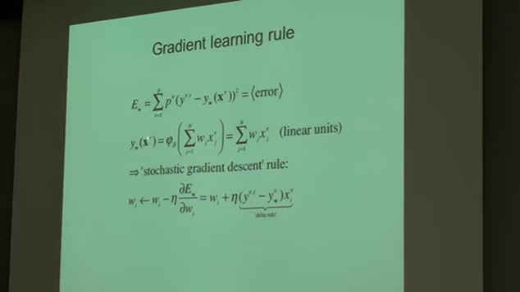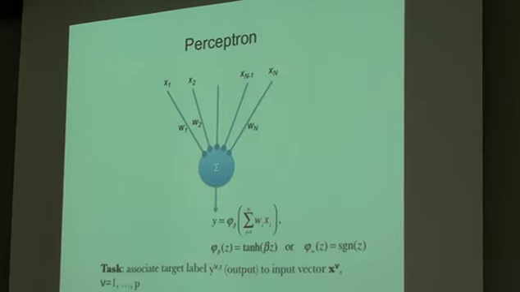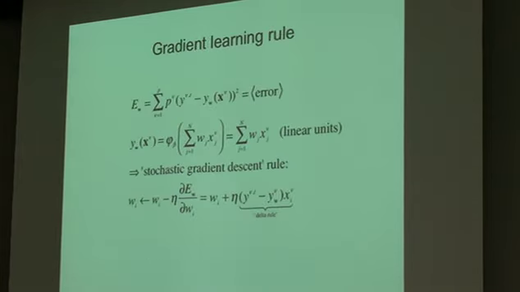So let's start from the simple case of linear units. Now your output unit does not take on only values plus 1 or minus 1, but basically the sum of the weighted inputs, the whole range. In other words, the phi function is the identity function.